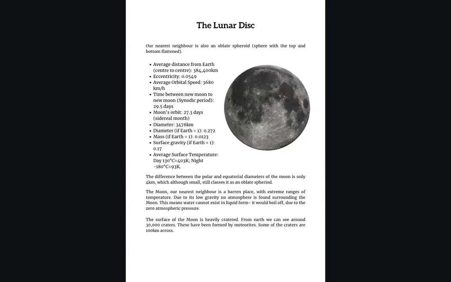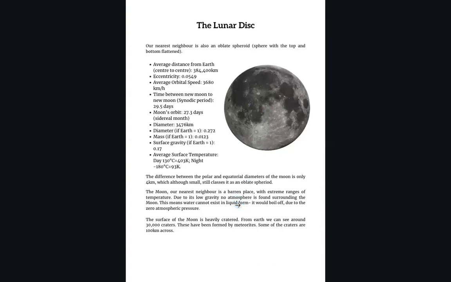As a result, there wouldn't be any liquid water on the moon because the atmospheric pressure is so low that water would just boil off. Even if you were to take some water up to the moon, it would not be freezing, it would just boil off because there's no atmosphere there.